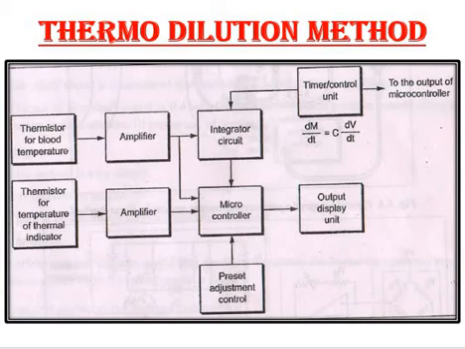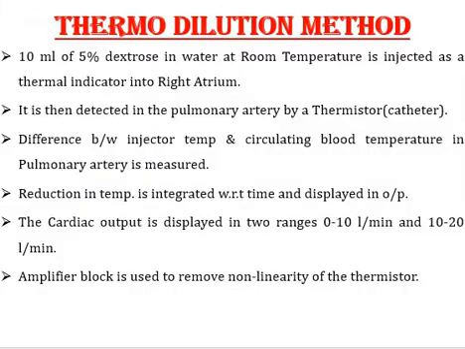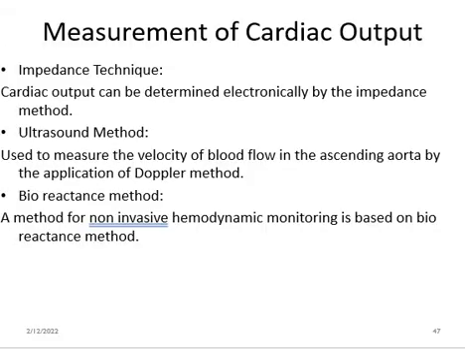The difference in temperature entering and leaving will give the amount of blood that is left from the heart, the cardiac output. This is a similar setup, and here we can find that the thermistor is placed at the tip of the catheter.